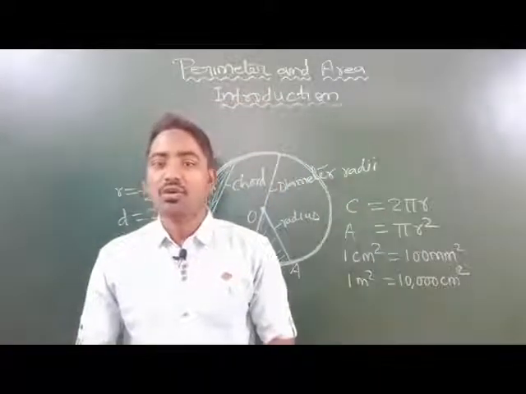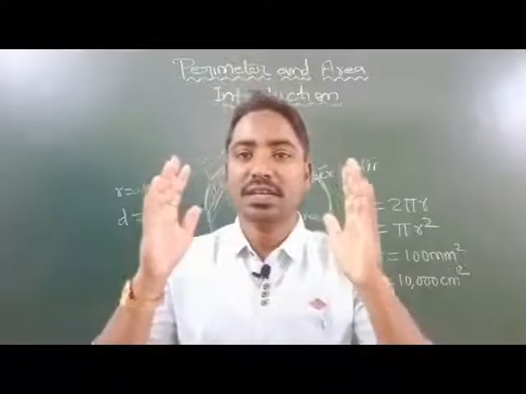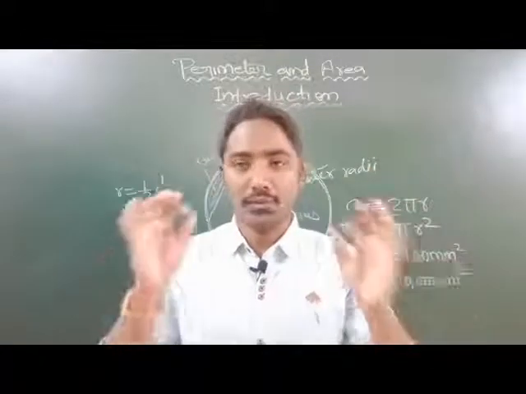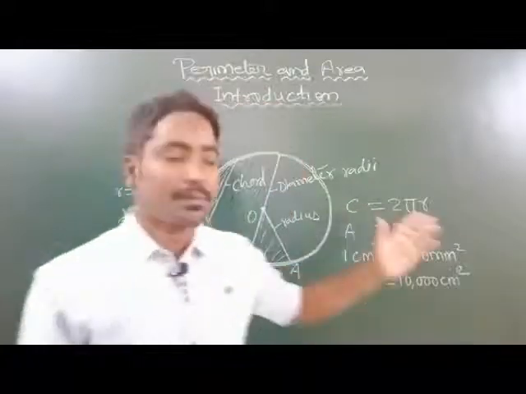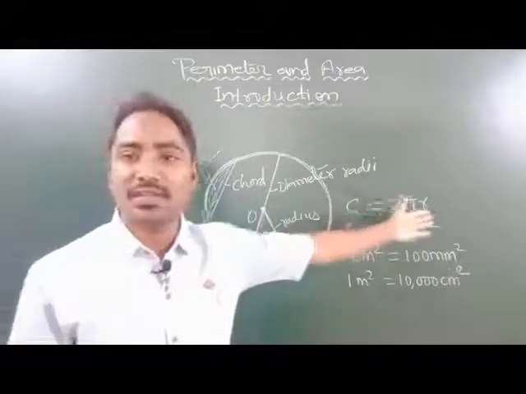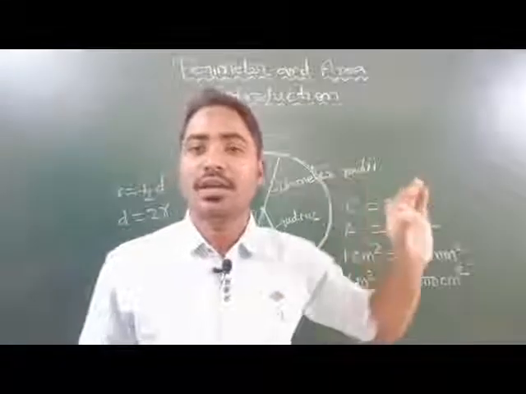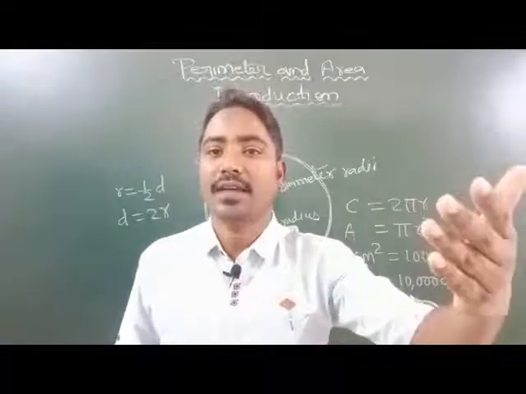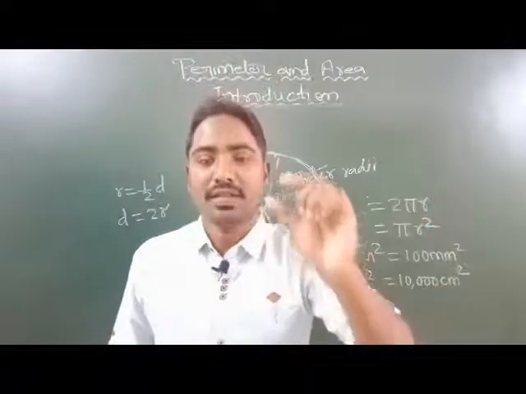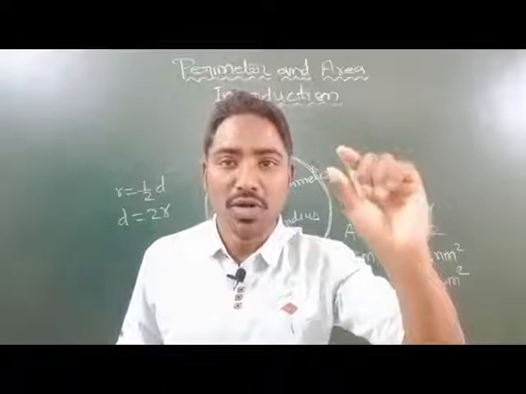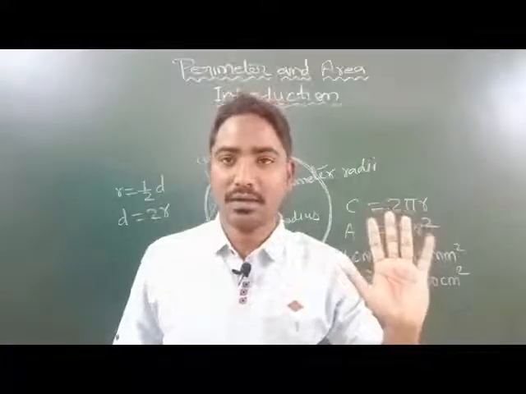Whenever you find the perimeter, students, its unit will be the same unit. Suppose the radius is given in centimeter, then its circumference will be in centimeter only, or if the length and breadth of the rectangle are given in meter, then the perimeter will be in meter only.